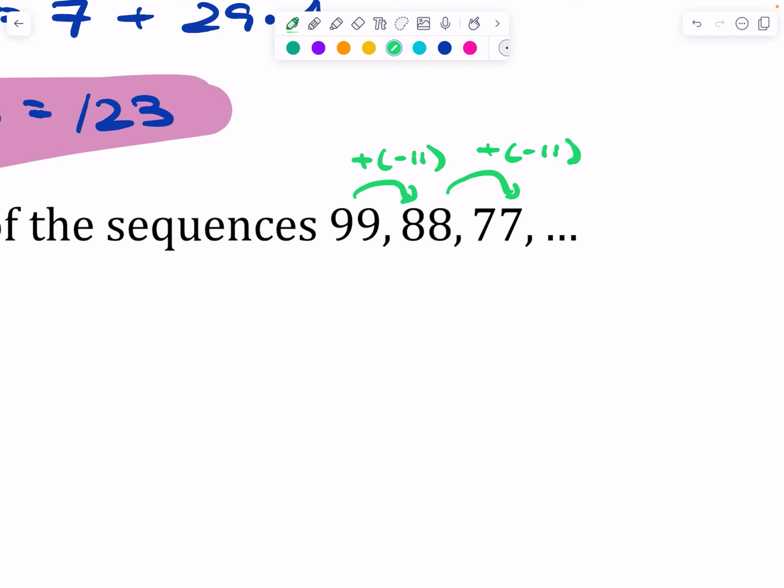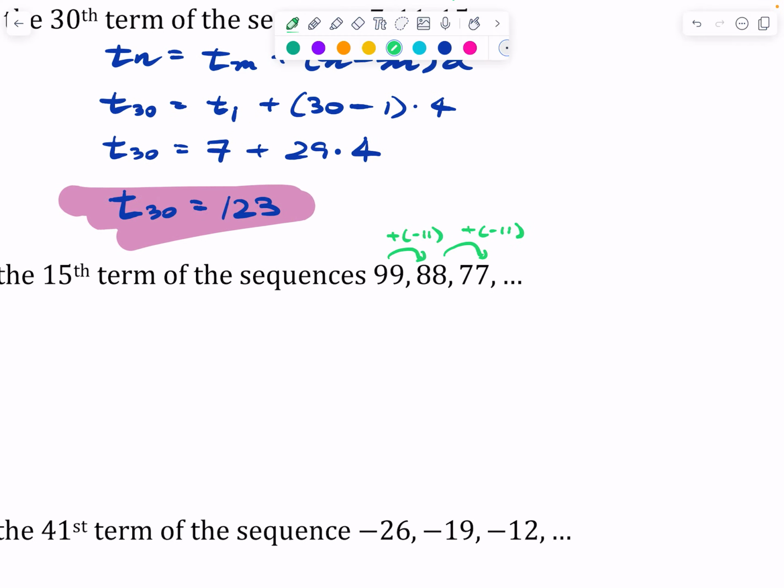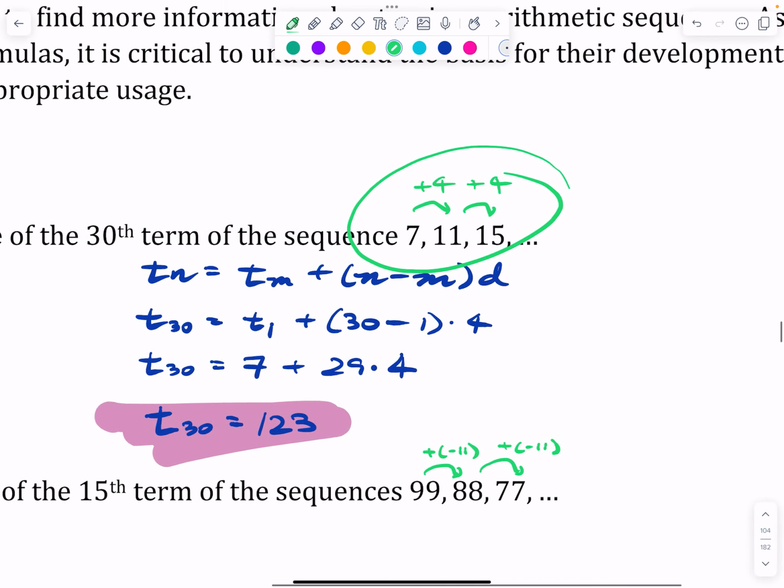That kind of consistency in phrasing is pretty necessary. We're always adding something to get to each next term. In this case, we're adding negative 11. So effectively, we're dropping by 11 each time instead of going up by 4.